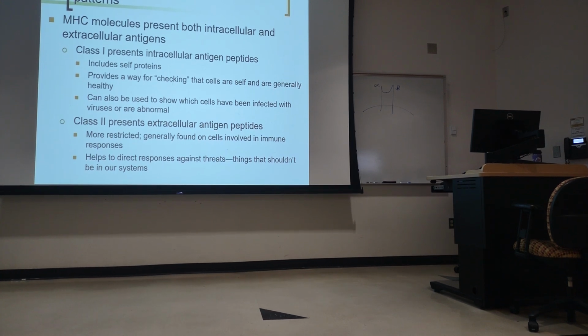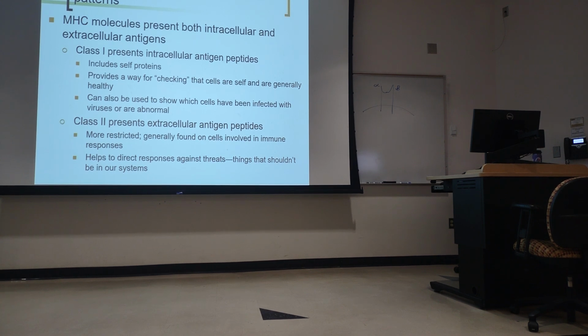Those proteins are going to be chewed up. Some of those protein pieces and parts are going to be loaded onto a class 1 receptor. The class 1 receptor is going to be displayed on the surface of my liver cell, so that any immune cells crawling around in there, cytotoxic T cells, can look at that antigen being presented by my liver cell and say, oh, that's just normal inside stuff. Okay, good job, liver cell, and keep crawling along.